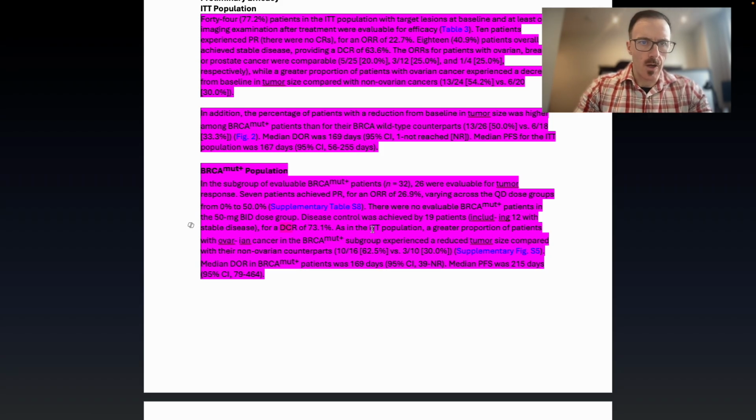Patients with ovarian cancer responded better than those with other cancers, with 62.5% seeing tumor reduction compared to 30% in non-ovarian cases. And the median DOR was 169 days and PFS was 215 days.